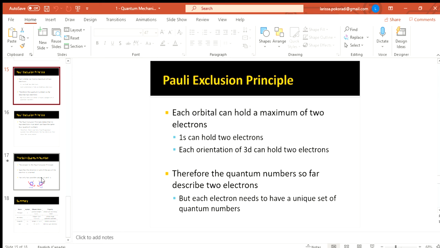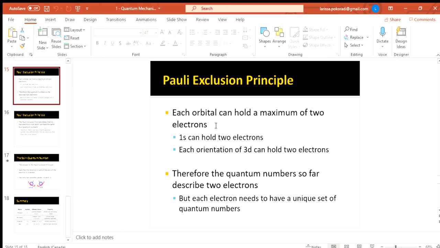And so far, we keep going back to this idea that every orbital, no matter if it's an s, p, d, or f, can hold 2 electrons. So far, if we only have 3 numbers, we're identifying everything pretty specifically on an atom except for those 2 electrons that share the same orbital in the same orientation.